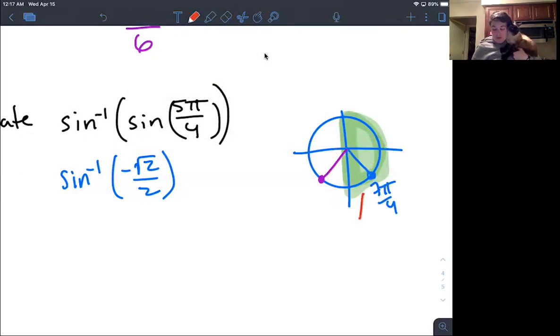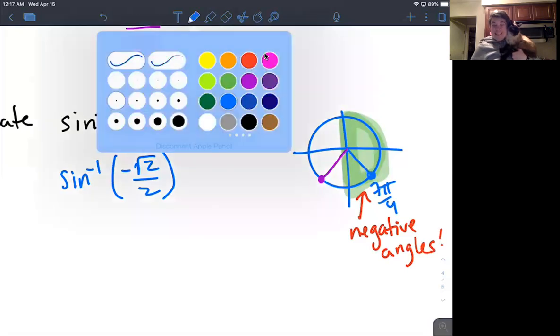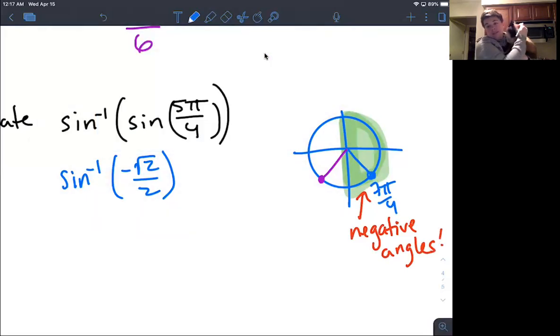Hopefully you remember that those are negative angles, right? So what is the equivalent negative angle for 7 pi over 4? If we were dropping down, instead of going all the way around, we would end up with negative pi over 4. And that, my friends, would be your answer for this situation.